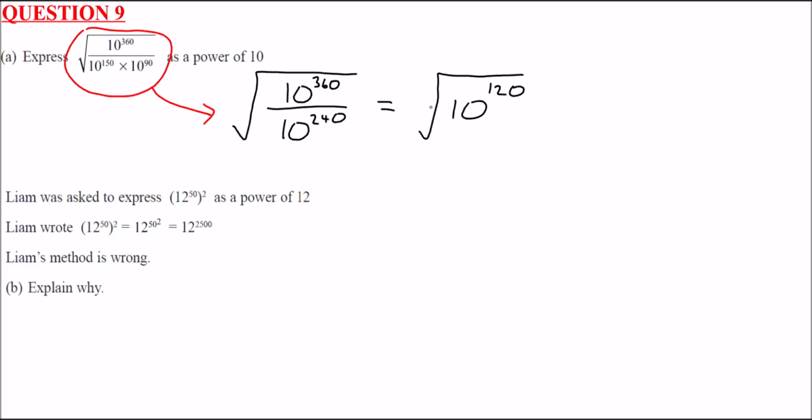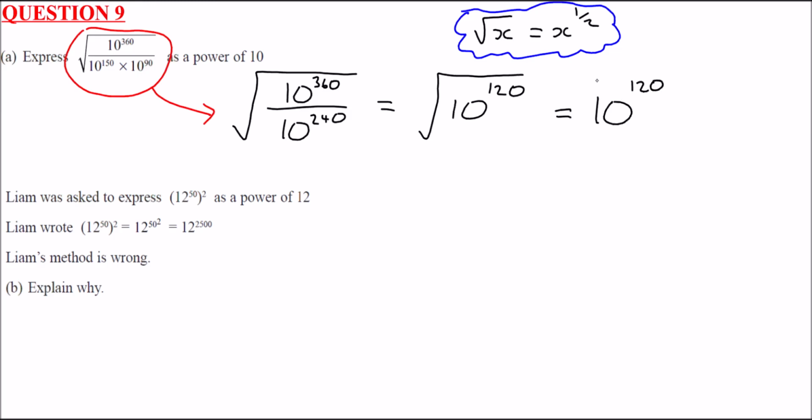It might be useful now to remember that the square root is the same as to the power of a half. You don't need to show this to the examiner, this is just in a thought bubble here. So I'm going to rewrite this as 10 to the power 120, all of which is to the power of a half.